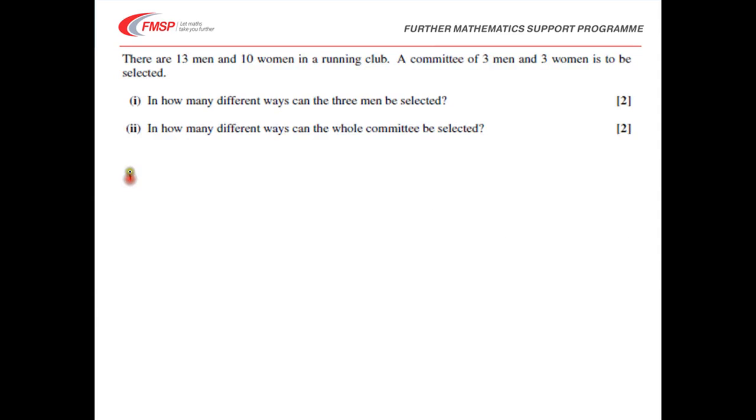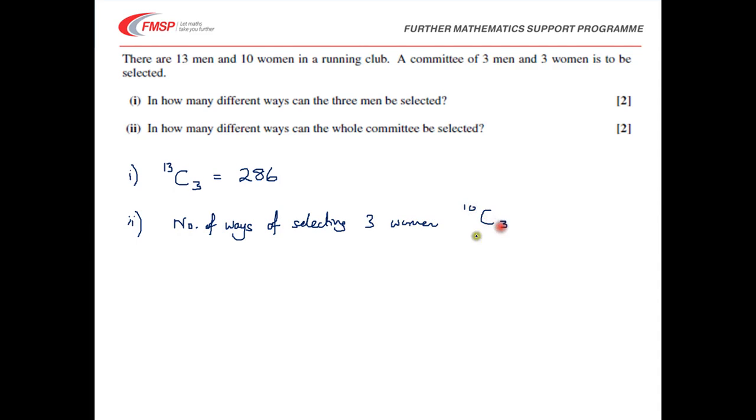So part 1, straightforward. How many different ways can you choose 3 men out of 13? That's just 13 choose 3 on your calculator, 286. For the whole committee, we need to think about the number of ways of selecting the 3 women. And there were 10 women, so that's 10 choose 3.